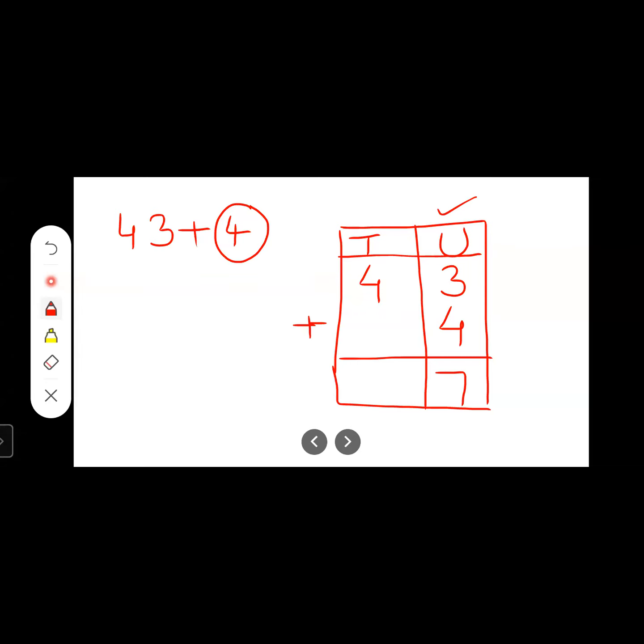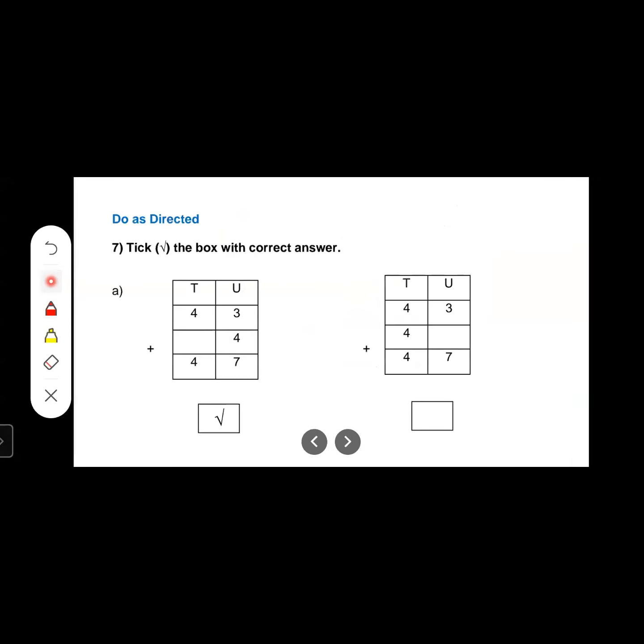Very good. 7 is the answer, then 4. Here is any number there? Can you see any number below 4? No. So 4 will come directly down here. Understood? Because we don't have any number to solve. So 4 we will write it over here. Direct. Okay. So what is the answer? 47. So which box is correct?